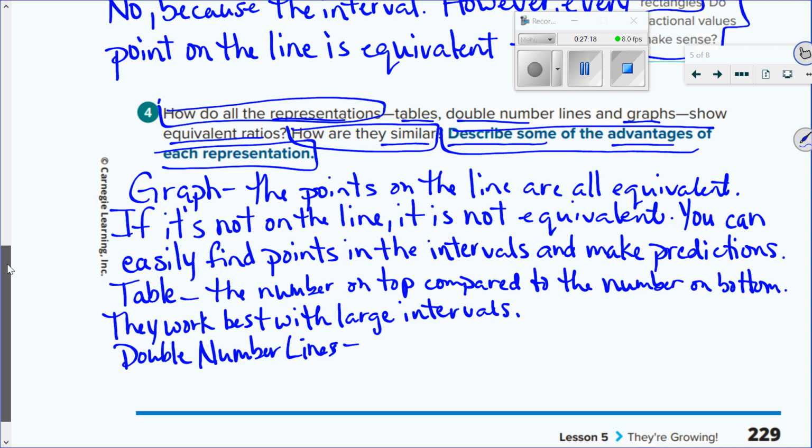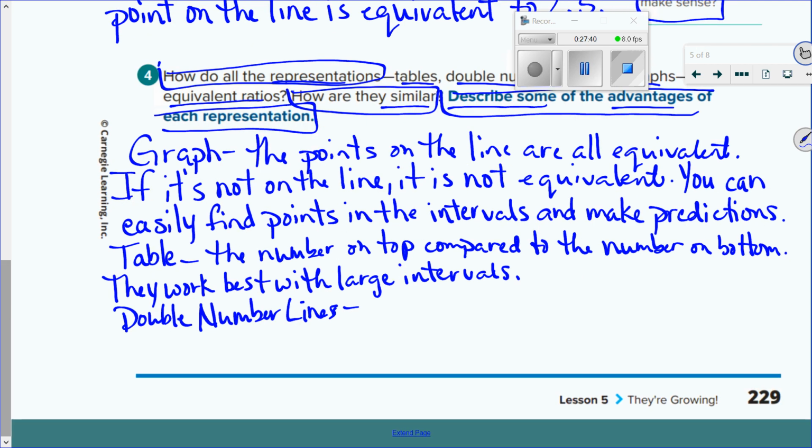How do the double number lines show the ratios? Jamarian? Guys, quiet down, please. Jamarian was answering. That's it. It's just the intervals on each side of it. The intervals on top and bottom.